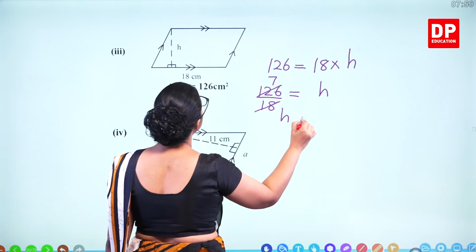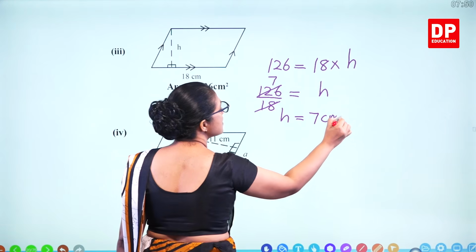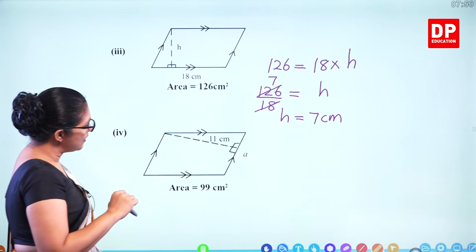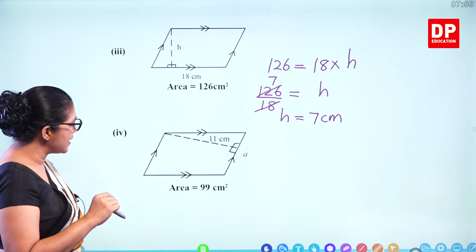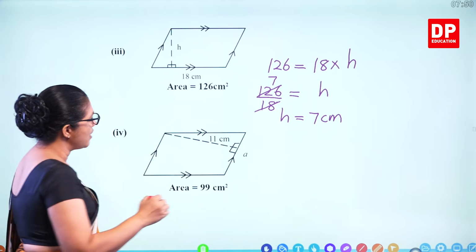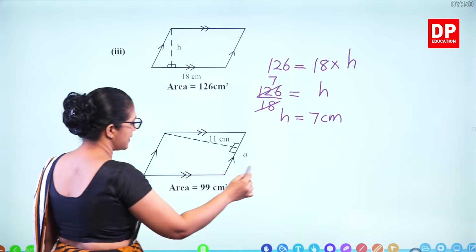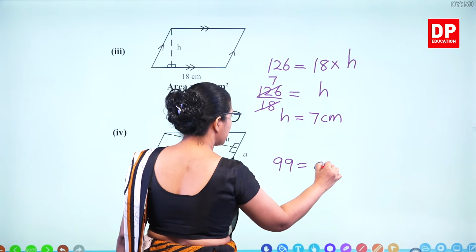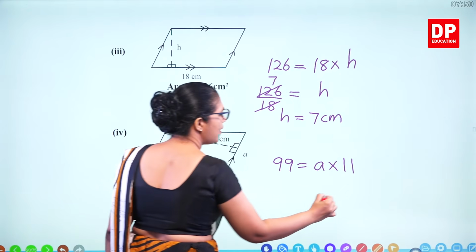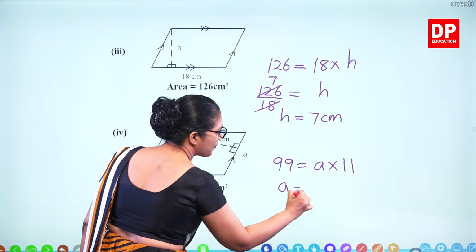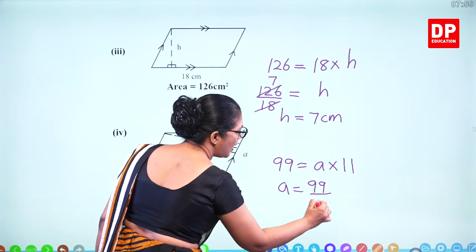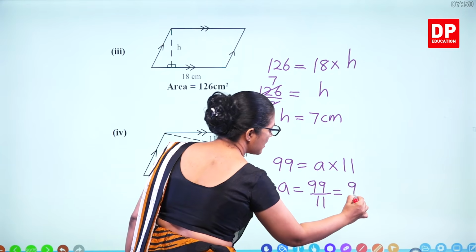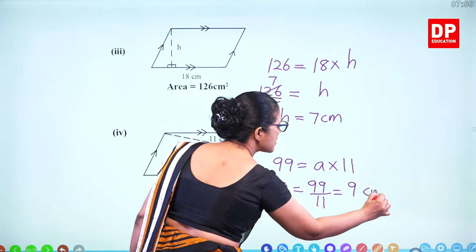H equals 7 centimeters. Now look at this one. Area is given, 99 square centimeters, and you are asked to find the base length. So 99 is equal to A into 11. So how do you find it? 99 divided by 11, you get 9 centimeters.